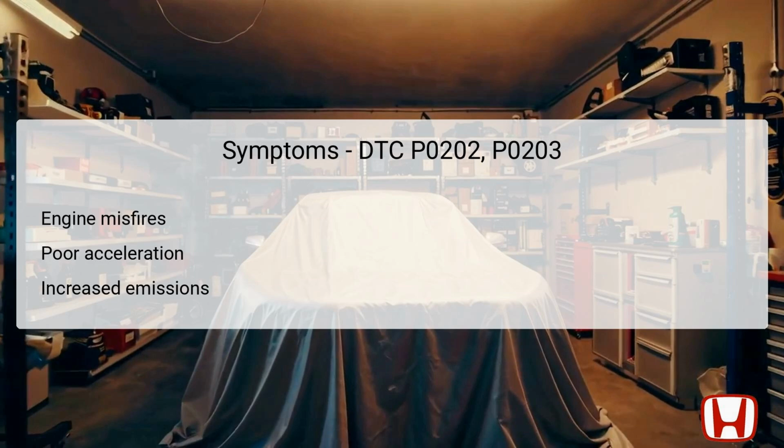Additionally, you may notice increased emissions from the exhaust, as incomplete combustion can result in unburned fuel leaving the engine. Drivers may also experience erratic engine behavior, such as stalling or difficulty starting, which often prompts further investigation into injector-related issues. Understanding these symptoms can help in diagnosing the root cause of the problems effectively.